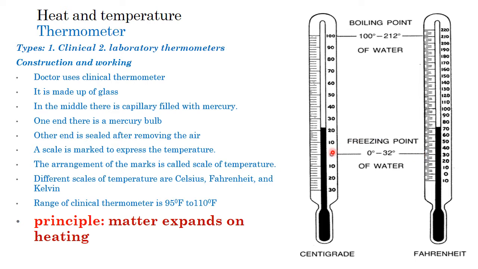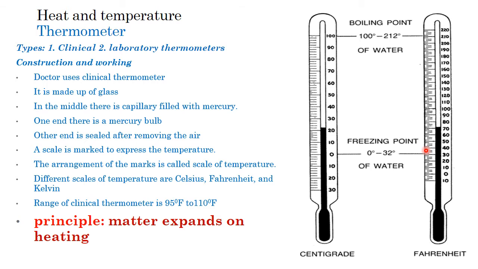If you observe, each 1 degree rise in degree is equal to 1 scale reading, equal to 1 unit. If you see here 92, 94, 96, 98 and 100, isn't it? Here 2, 2, 2, and here 1, 1, 1. They are divided into 1, 1, 1, but here it is not like that.